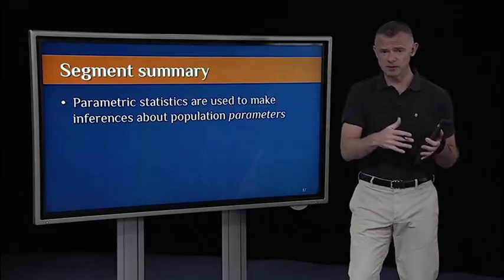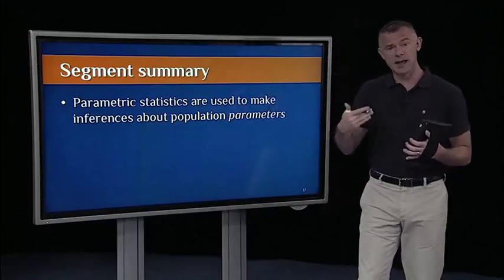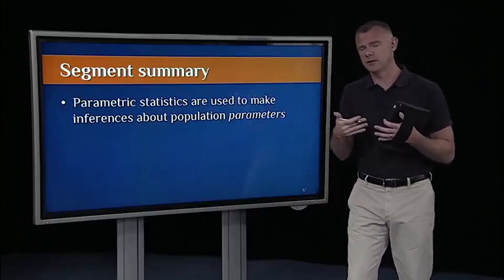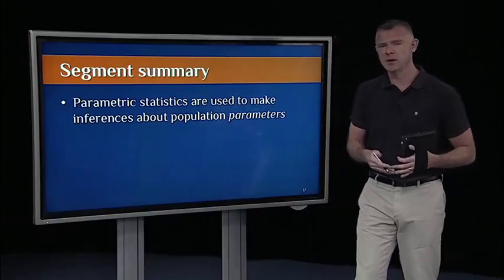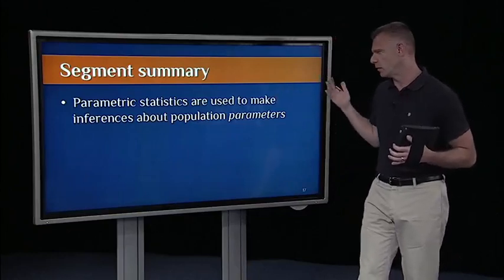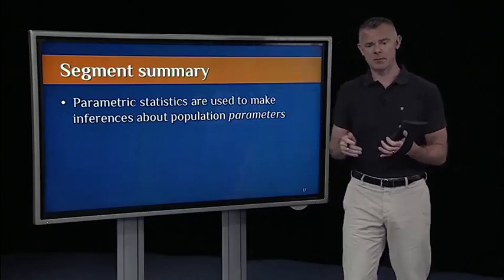Okay, so sample statistics are used to estimate population parameters. Once we started engaging in inferential statistics, when we got into the central limit theorem and null hypothesis significance testing, we started doing parametric statistics. That is, we were using our sample statistics to make inferences about the population.